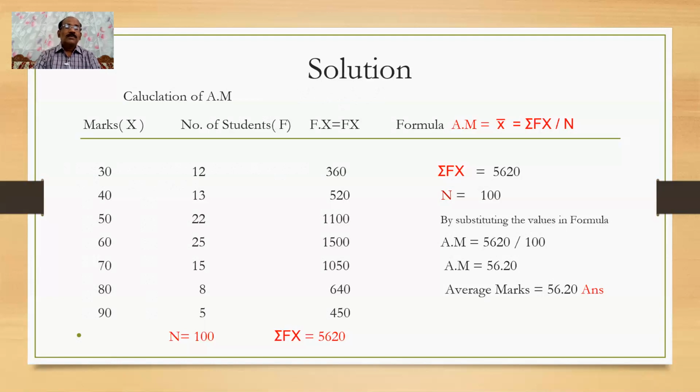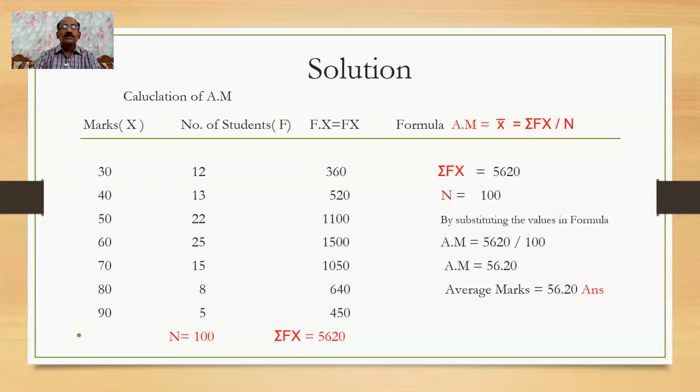In the first row, 30 marks, 12 students. 30 into 12 is the product of x and f. 30 into 12 means 360. In the second row, 13 students, 40 marks.